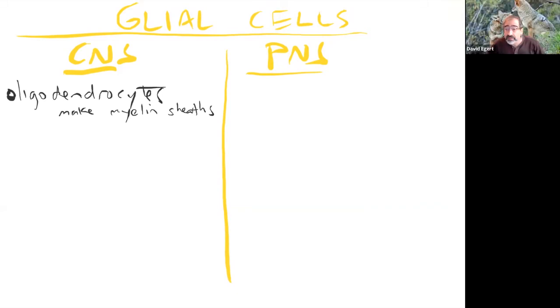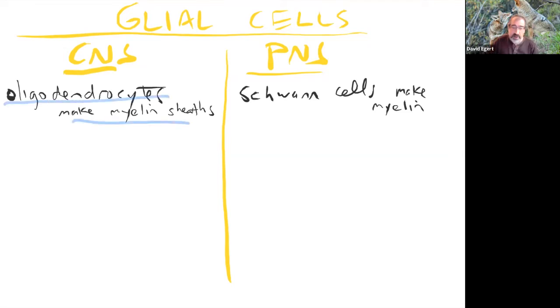In the PNS, you have these things called Schwann cells. The oligodendrocytes, I'll just leave it there. They make myelin sheaths. You can actually have one oligodendrocyte reach out and make multiple myelin sheaths.